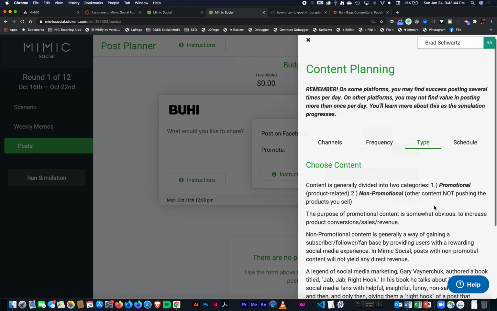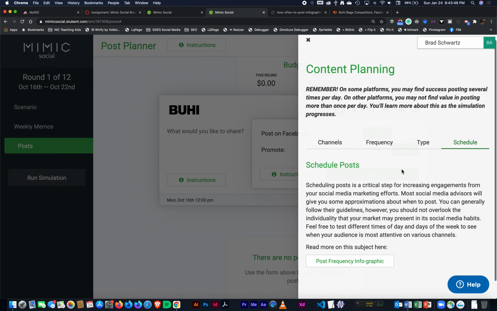So types of content, we have promotional, non-promotional, and then scheduling. You're going to have some rough timeframes to follow, and you can test the next time you run a campaign and see if different times are going to make an impact.